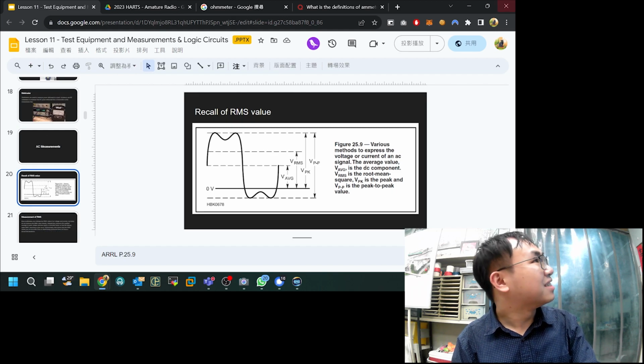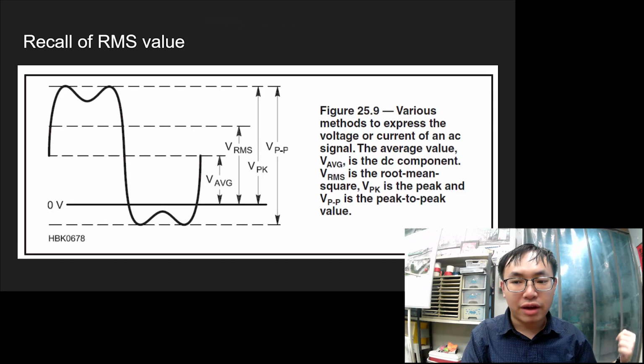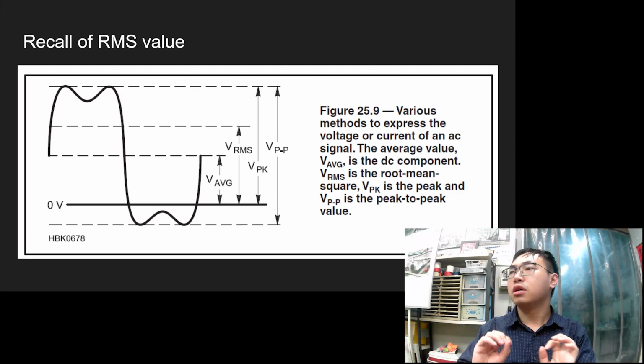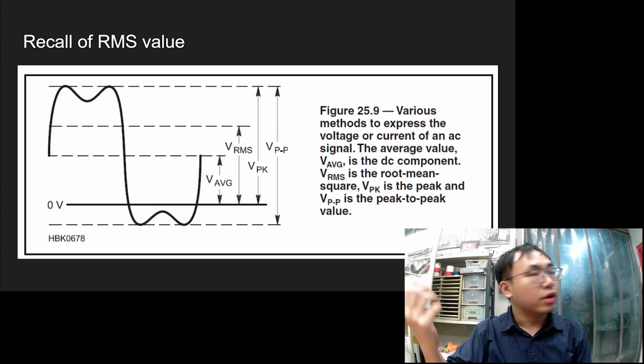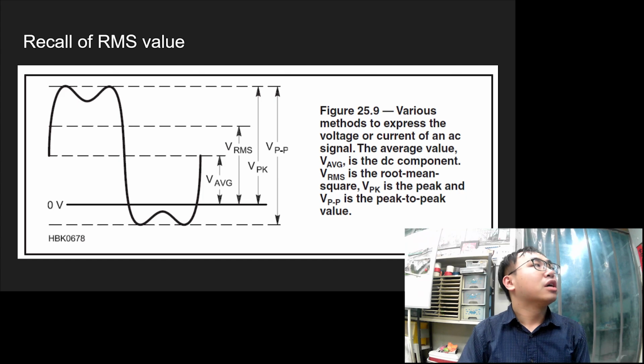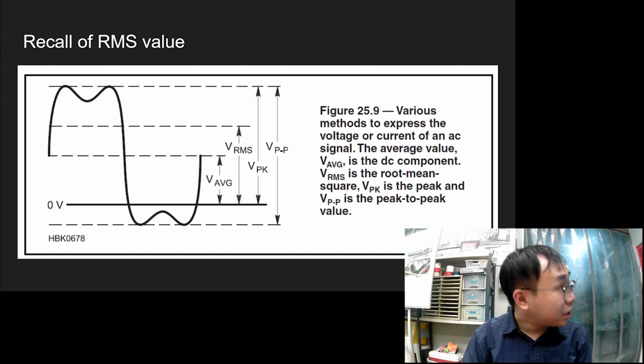Okay. So AC measurement. I've actually introduced some parts to you already. For alternating current we have different values: peak to peak, peak, RMS, and average.